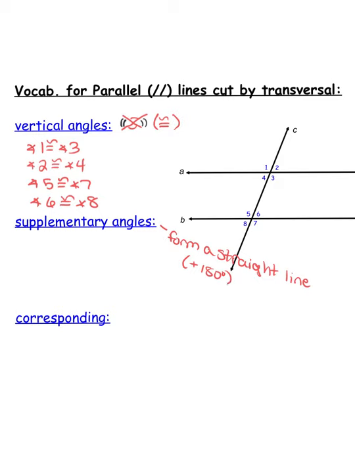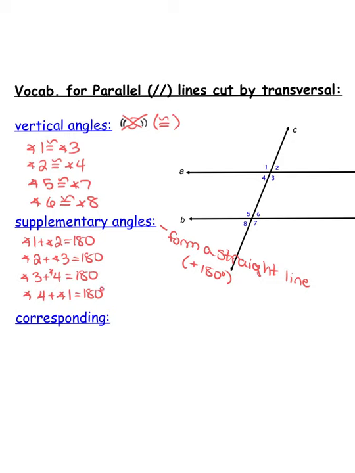So if we look at the picture, we can say angle 1 plus angle 2 equals 180. If we go in a circle, angle 2 plus angle 3 equal 180 degrees. Angle 3 plus angle 4 equal 180 degrees. And angle 4 plus angle 1 equal 180 degrees.